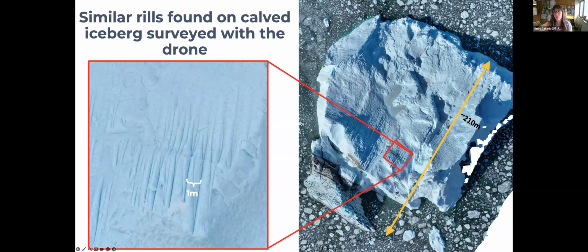We have multiple passes of the terminus in between calving events, so we probably could characterize what the face and its texture look like after a calving event. In my mind, it might look more like this, where it has multiple different faces at different angles from one another. But this signature makes me think that it's imprinting a melt pattern that must be persistent for some amount of time.